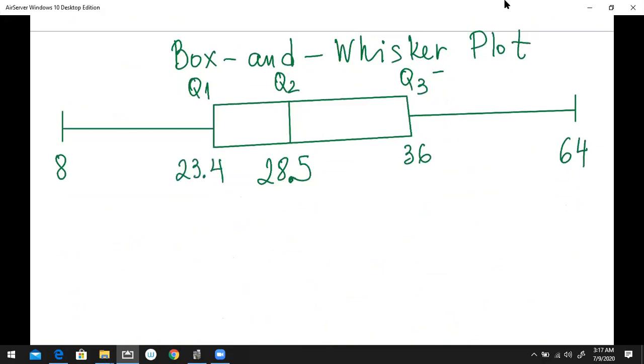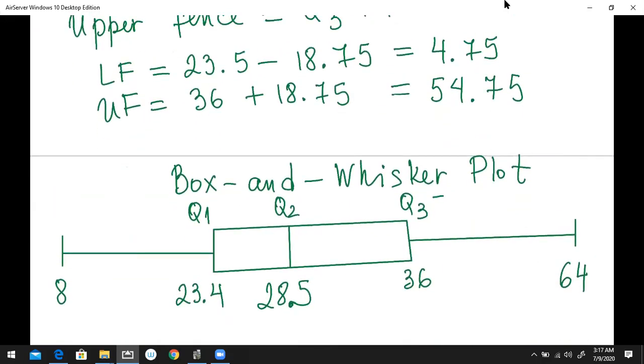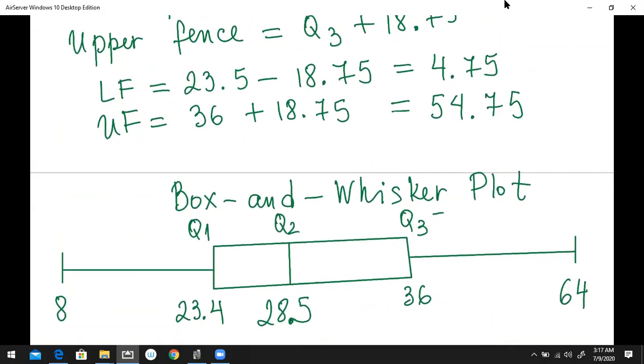Now I'll use this one for the upper and lower fence. So 4.75 is somewhere here. The lower fence is somewhere here. That's 4.75, which is good. There are no outliers on the left side.